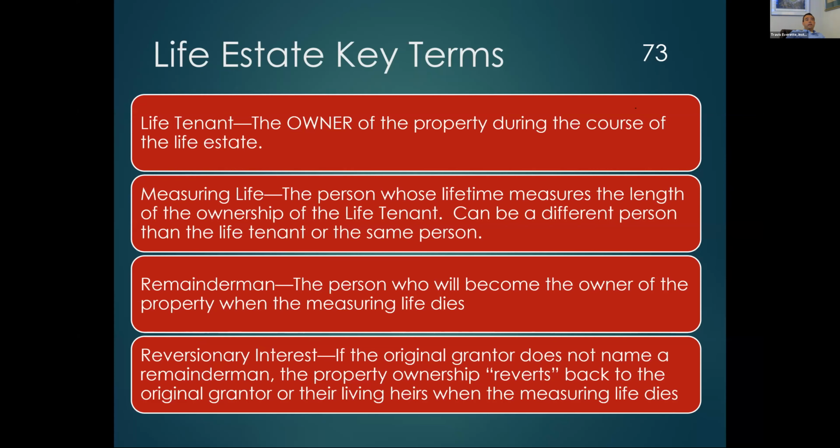The answer is yes. You would treat a company or corporation the same as a human, whether they were the owner of the property or what we call the measuring life. So if we gave it to Blue Sky Corporation until Blue Sky Corporation died, they would own it until they went out of business. That's how you apply the idea of life.